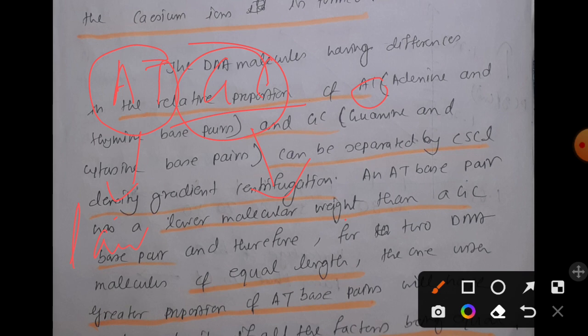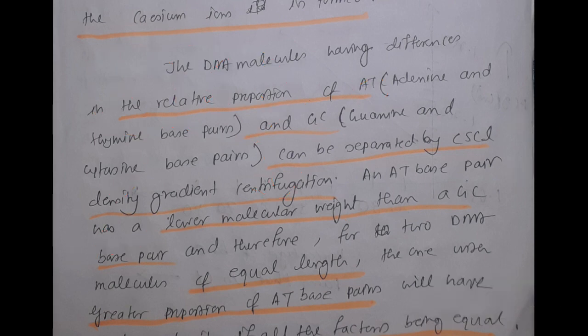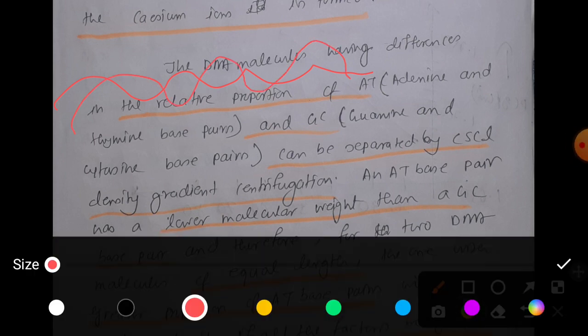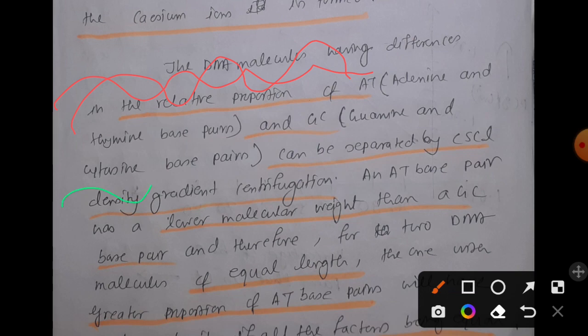So if we consider two DNA molecules, let's say this is one and another one I am drawing with a green color, okay. Among these two DNA molecules, in the case of the red one the GC content is 40%, and in the case of the green one the GC content is, let's say, 60%, okay.